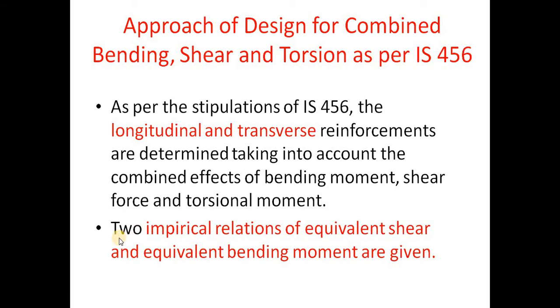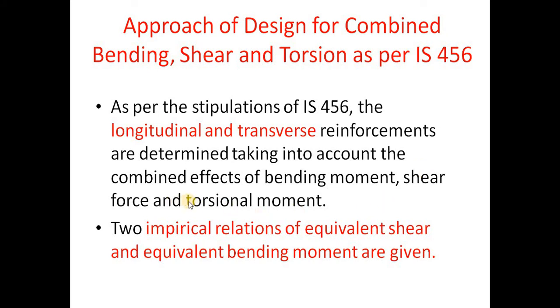The second point you can observe here: empirical relations of equivalent shear and equivalent bending are given. So this torsional moment is converted to equivalent bending moment and equivalent shear force. In addition to the normal bending moment and normal shear force, an additional moment, that is the equivalent bending moment, and an additional shear, that is the equivalent shear, will be added.